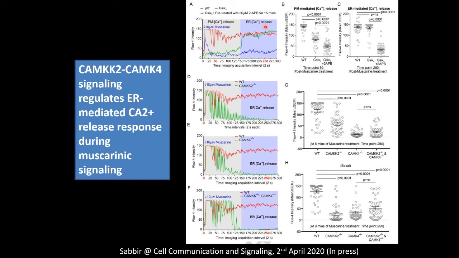Let me explain the basis of this explanation. As you can see, the muscarine induced calcium release response in G60 cells was presented here as a green line.